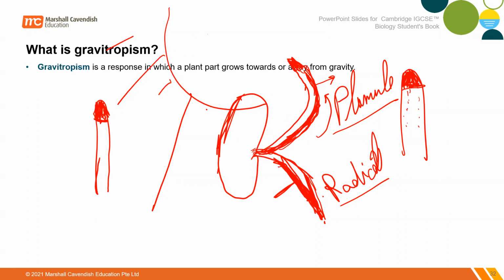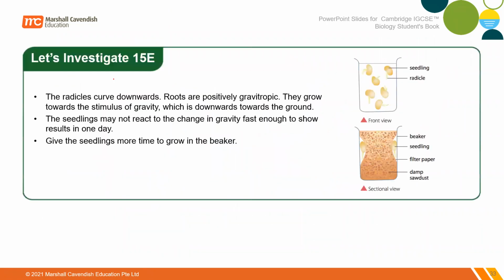What will happen is إنه الأوكسينز will be accumulated on the shaded side of the plant. طب لما هي تبقى accumulated on the shaded sides يا كريم, what will happen is إن البلانت إن ده بيستيموليت the growth of the plant on the shaded side of the plant, فالبلانت بيبقى عنده ability to bend towards the sunlight, لأنه it became هنا okay more stimulated the shaded part. كل السلايدز اللي جايه عن الجرافيتروبيزم والفوتوتروبيزم فيها البروسيس دي.